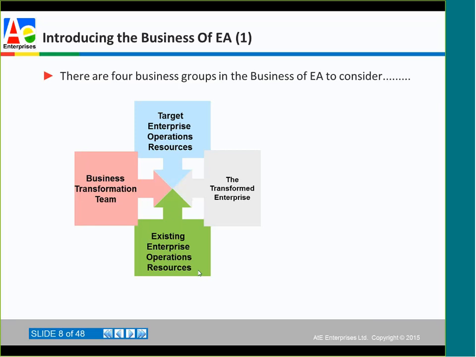Then we will have what we call the business chain. Now, the business chain are those groups of people to whom the transformed enterprise is going to work, who they work with now and who they're going to work with in the future. And it may be that they're going to change as well.